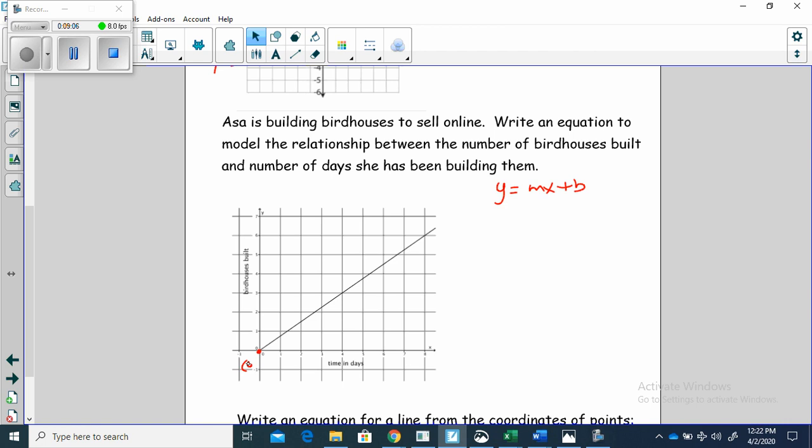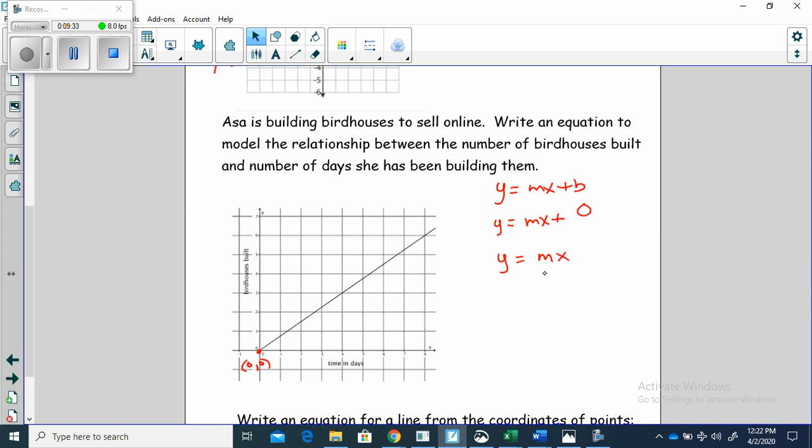It crosses at the origin 0, 0. Okay, so our b is 0, which tells me that I have 0 birdhouses built in 0 days, right? When I start out, I don't have any birdhouses built. So y is equal to mx plus 0. This plus 0 doesn't change anything, so we're going to stick with y is equal to mx.